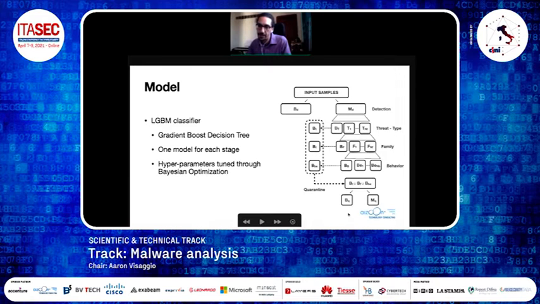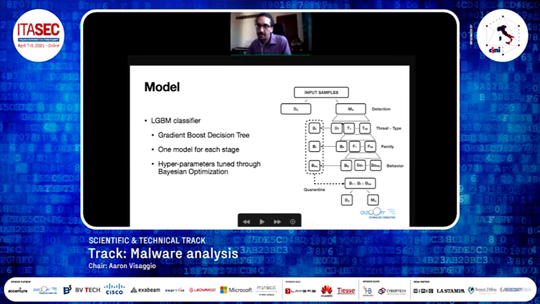The quarantine stage, the last one, is added because we know that, for example, the detection stage is not perfect, is not infallible. So there could be some inconsistencies between different stages. For example, a sample classified as malicious in the first stage could be classified as benign in some other stages.